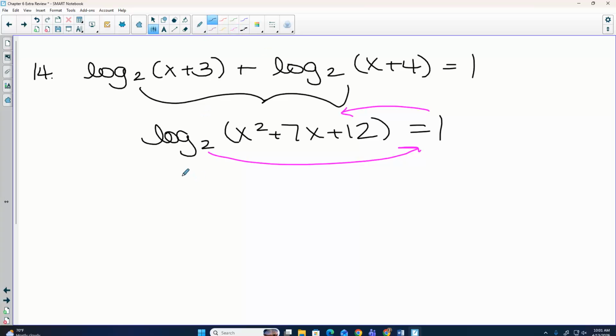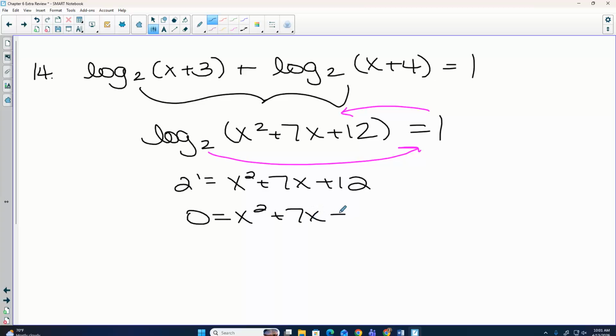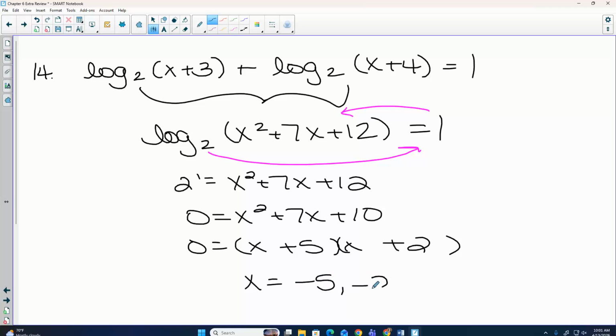So this is 2 to the first plus x squared, 7x plus 12. 2 to the first is just 2, so you can bring that over. What multiplies to 10 and adds to 7? If we set those equal to 0, we get negative 5 and negative 2.